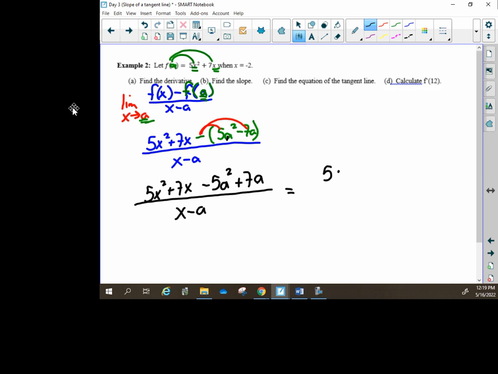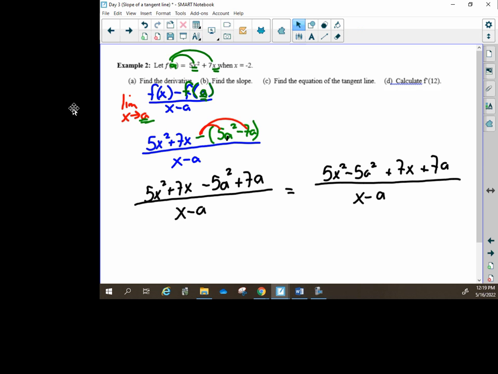So it's 5x squared minus 5a squared plus 7x minus 7a. This is where the math gets a little tricky. Remember, by the end of the period, I'm going to show you a shortcut to doing this problem.